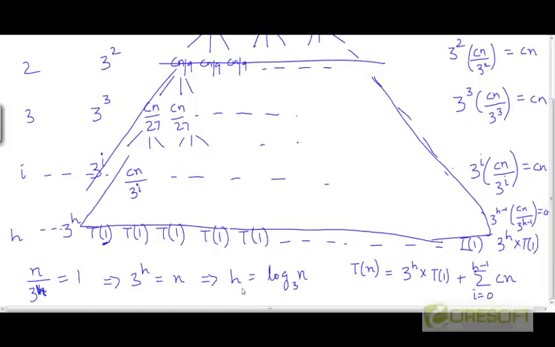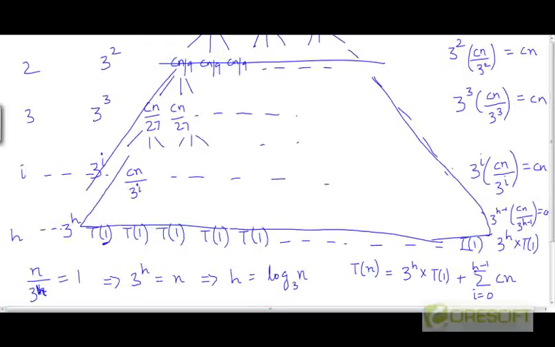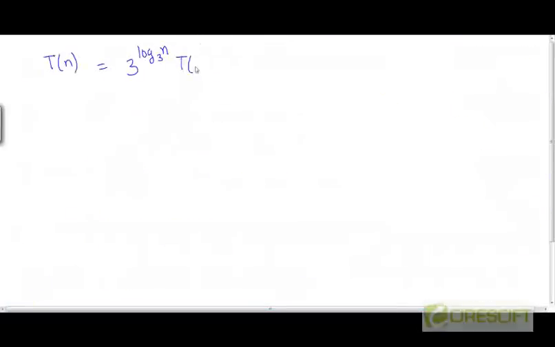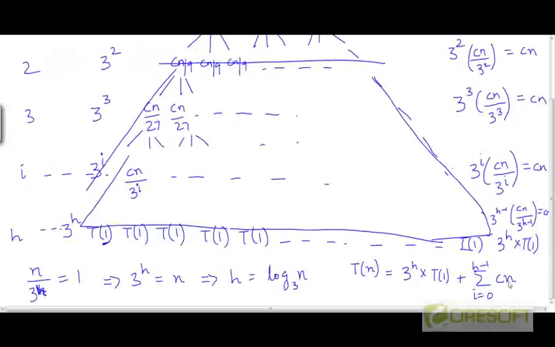Now if we replace h by log of n base 3, we get T of n is 3 to the power log of n base 3, so 3 to the power h multiplied by T of 1, plus cn.